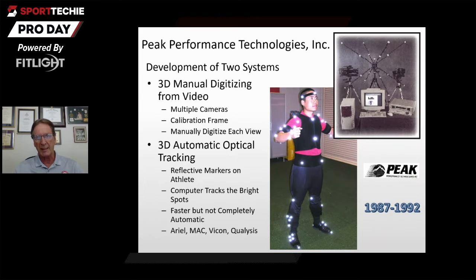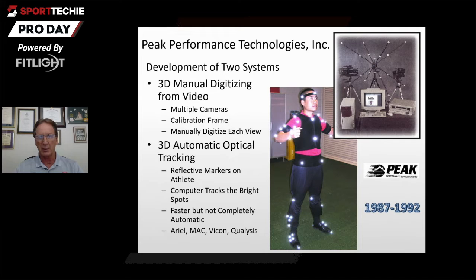So the solution to that is multiple cameras. But the downside of multiple cameras is the fact that, of course, it's going to get more expensive and more complex because you've got more cameras to set up. So it's fast, but not completely automatic, and it becomes complex.